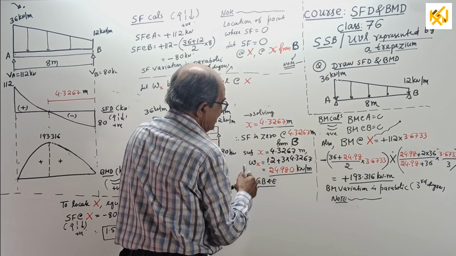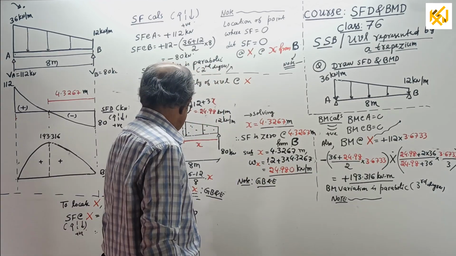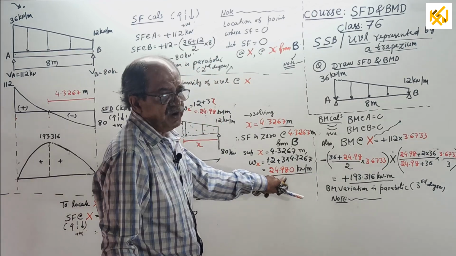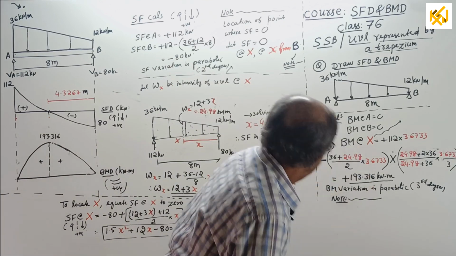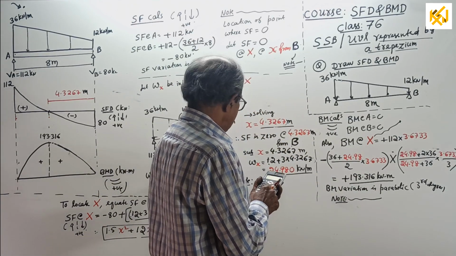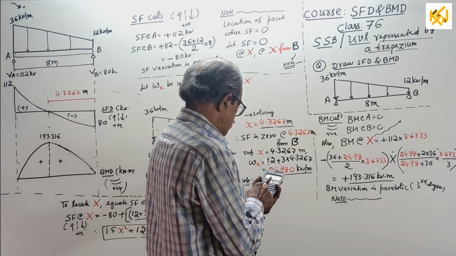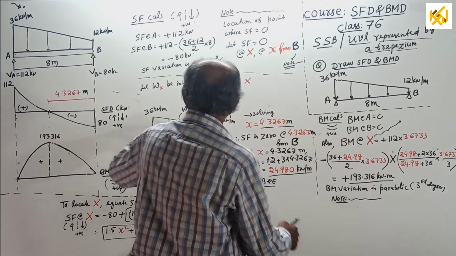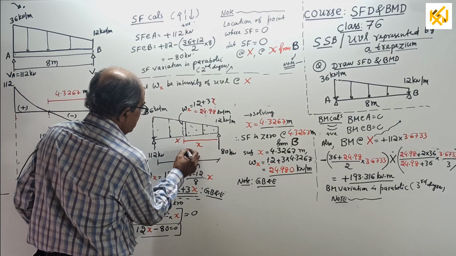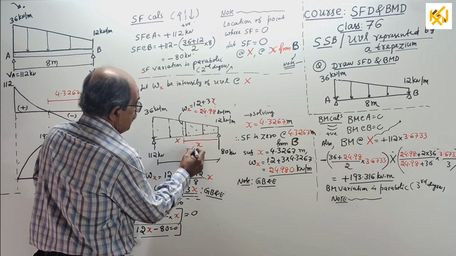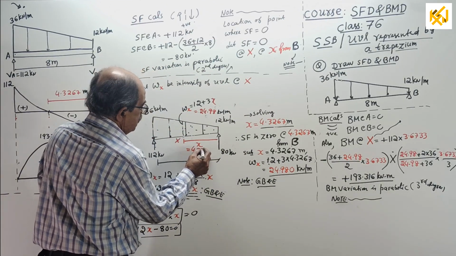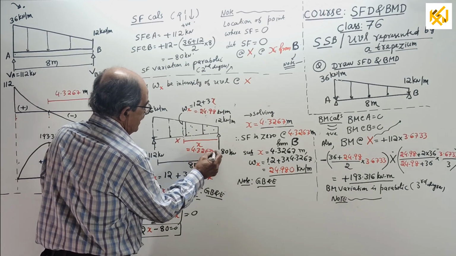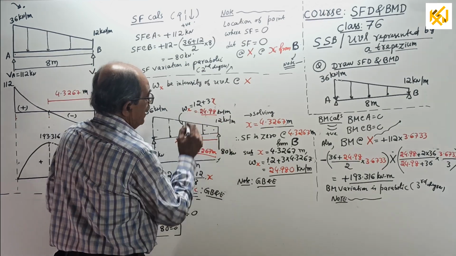This I am not checking. This will come 24.98. Anyway, check it. Why unnecessary waste? 12 plus 3 into 4.3267 is 24.98 kN per meter. Go back and enter here x equal to 4.3267 meter, and this is 24.98.